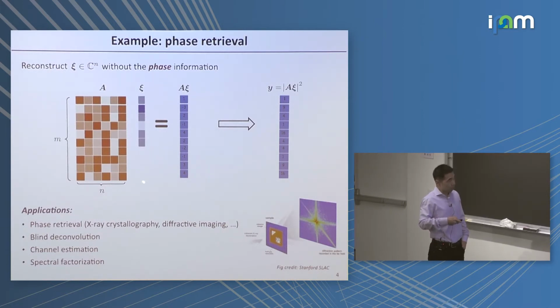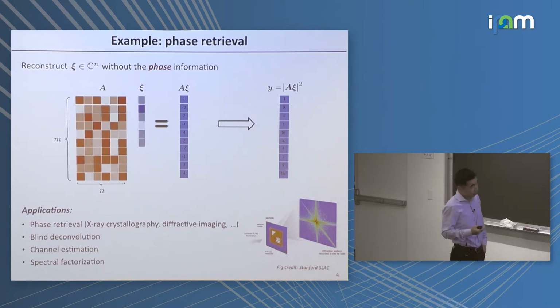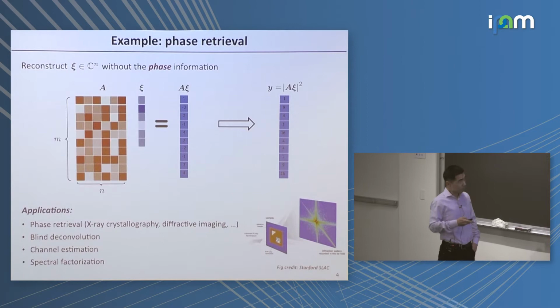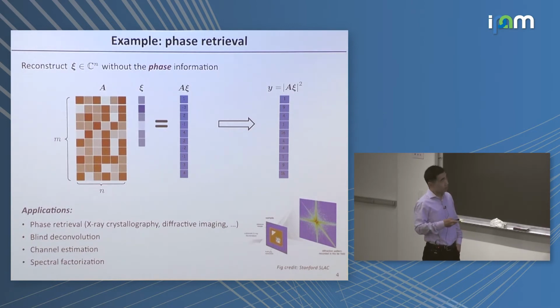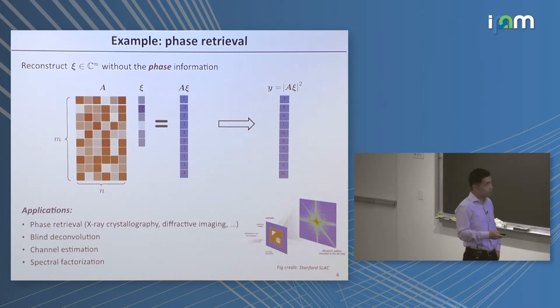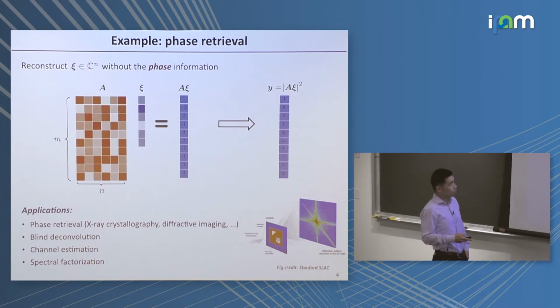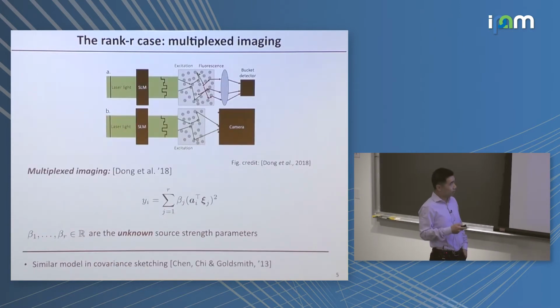And there are other problems with similar mathematical structures, for example, blind deconvolution, channel estimation, and so on. Last year, there was an interesting work generalizing the phase retrieval setup to the multi-rank case. In that setup, the measurement yi is a linear combination of the phaseless measurements that correspond to r different images.